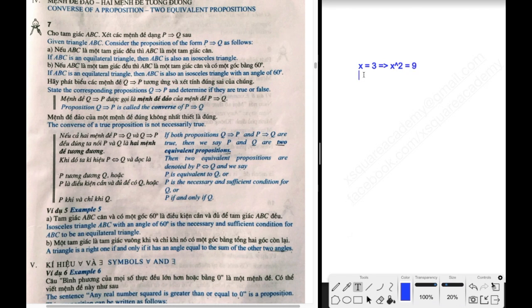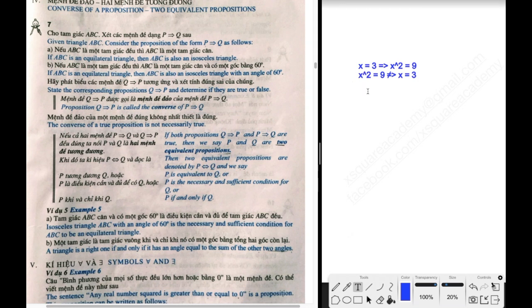But when x squared equals 9, we cannot infer x equal to 3, because we have two solutions.